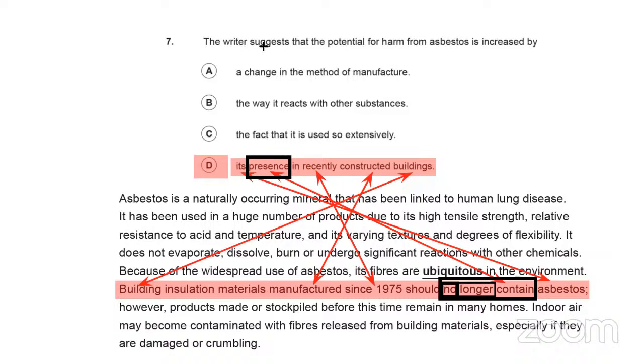Negating means if the sentence is positive, he will use a negative word, and if the sentence is negative, he will use a positive. The negative of a negative is positive. So not present is equal to absent. Like that, he can play the game.